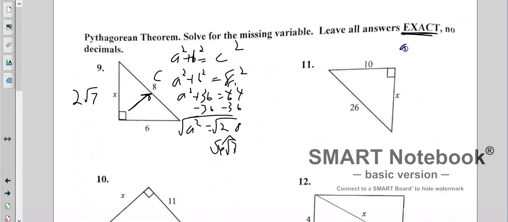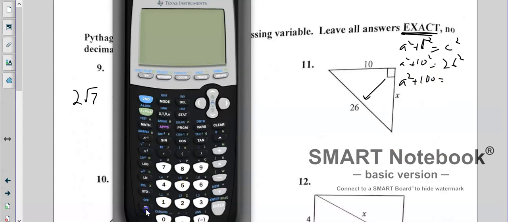Number 11. Again, a squared plus b squared equals c squared real quickly. Identify your c. A squared plus 10 squared equals 26 squared. Okay, that's a squared plus 100 equals 26 squared. I'm not a human calculator. So 26 squared is 676.